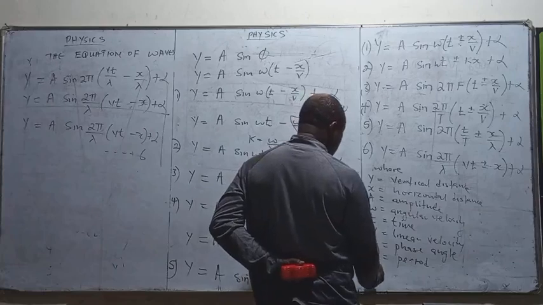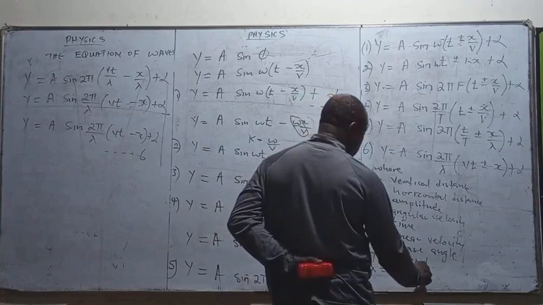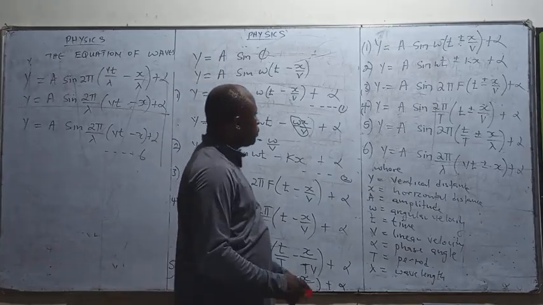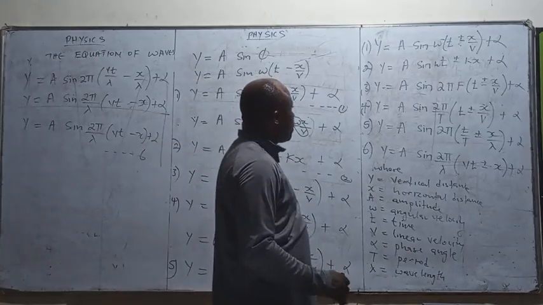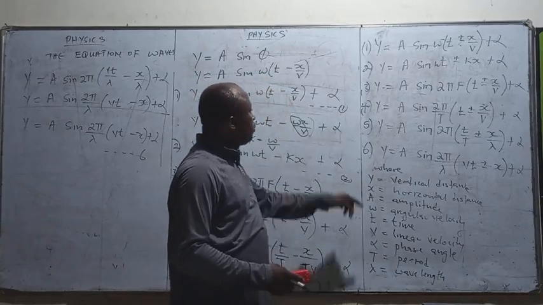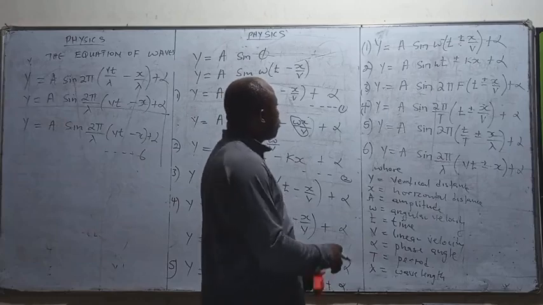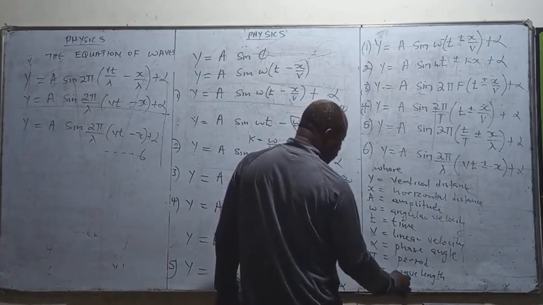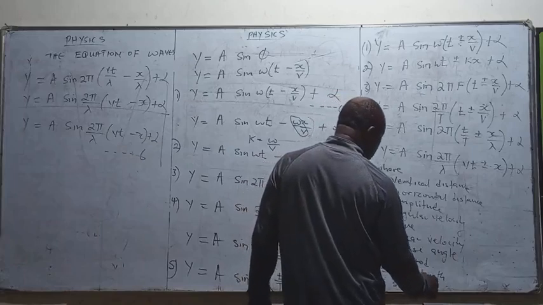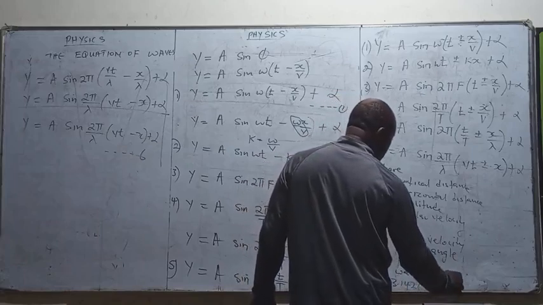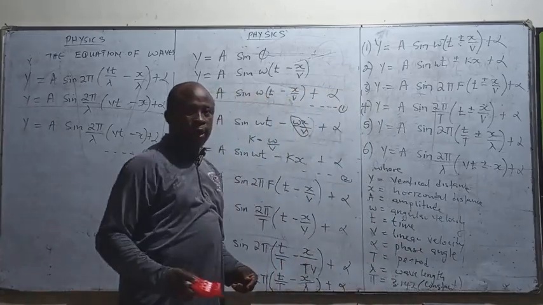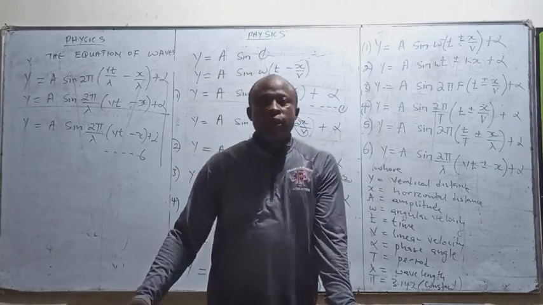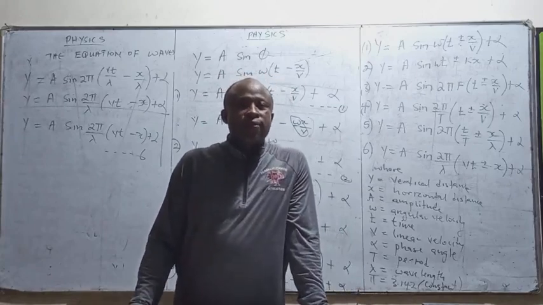Lambda is wavelength. So these are the various parameters explained. Of course, there is a parameter we've not explained, that's pi. Pi is equivalent to 3.142, and is a constant. So far, that is the wave equation explained, derived and summarized.